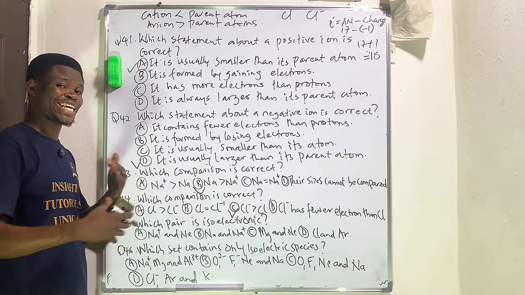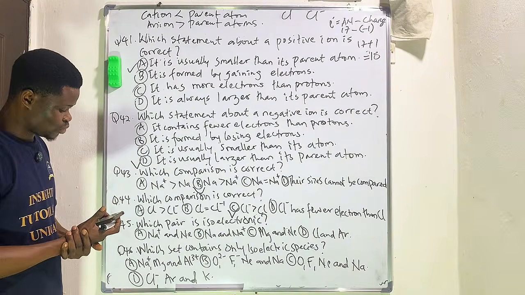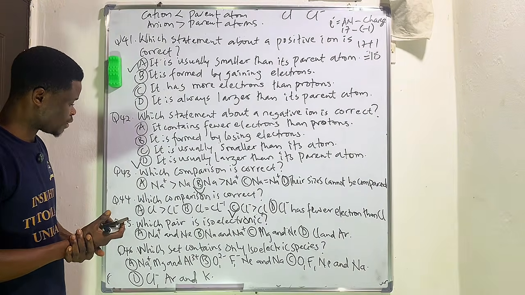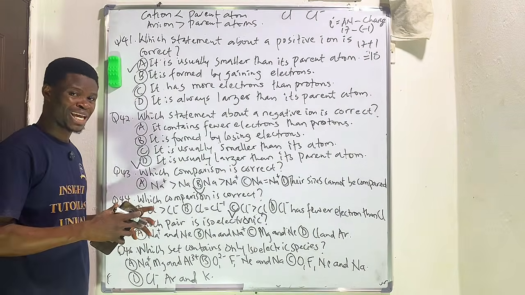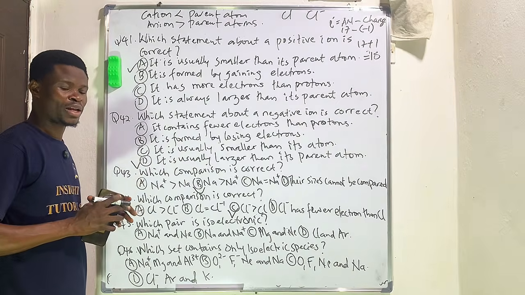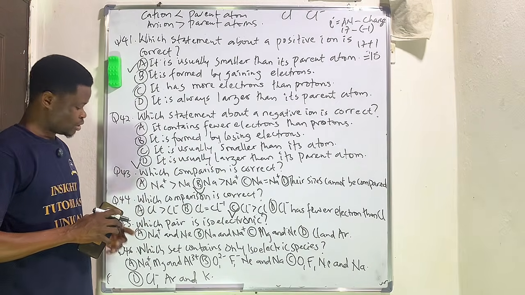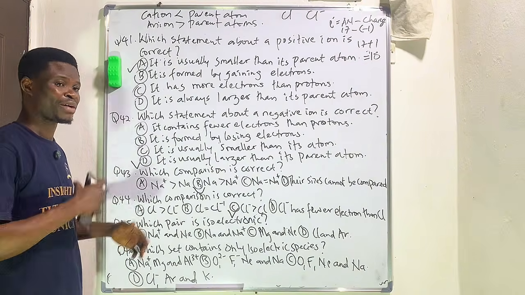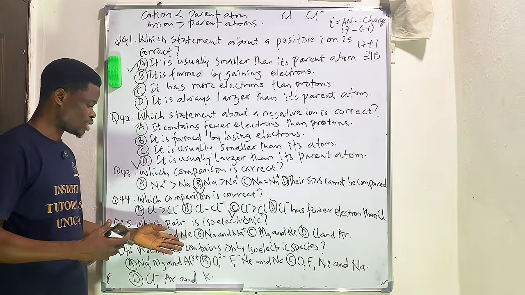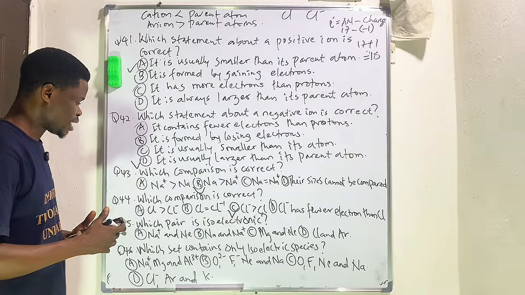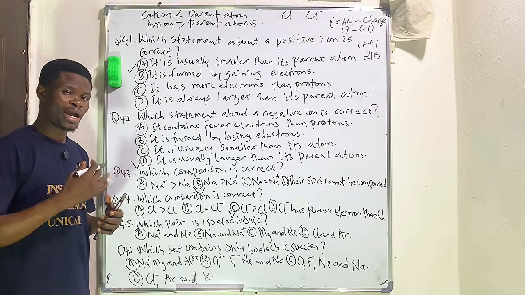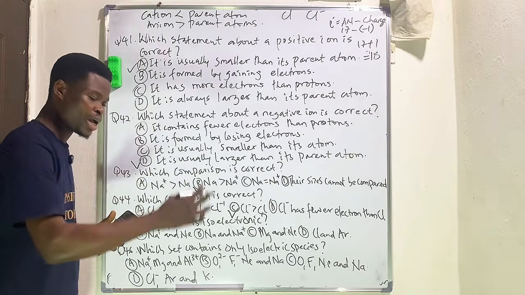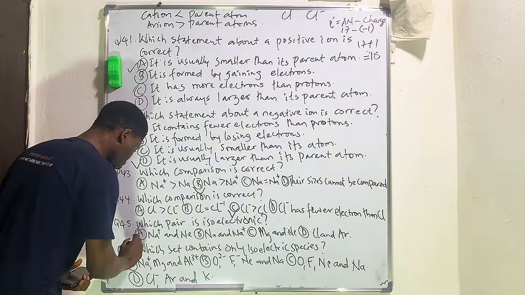Isoelectronic means same electrons. And if you notice, the pair that has the same number of electrons is option A, because the sodium ion is going to lose one electron and become 10 electrons, and neon is already 10 electrons, making them isoelectronic, meaning same electrons. So the correct option is A.